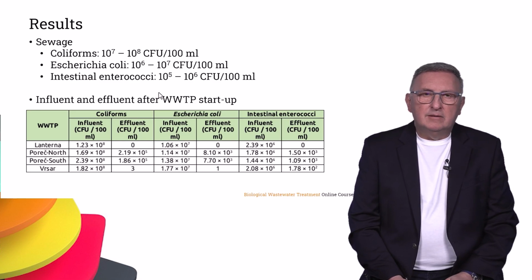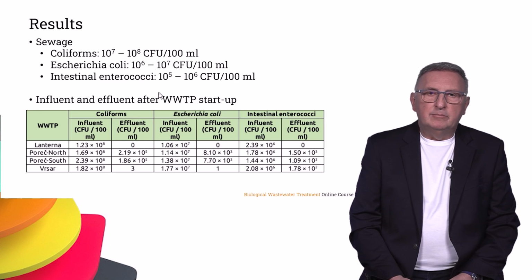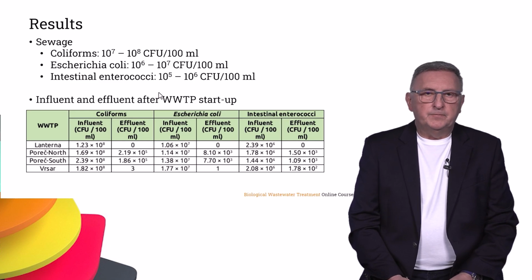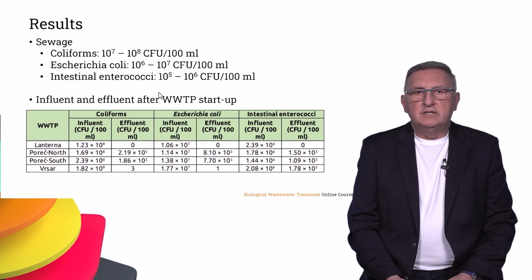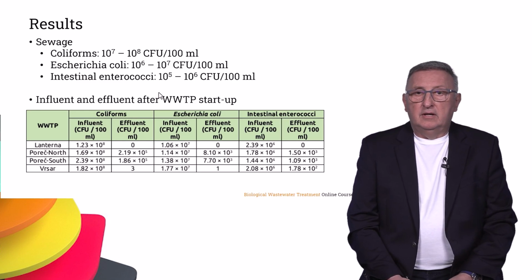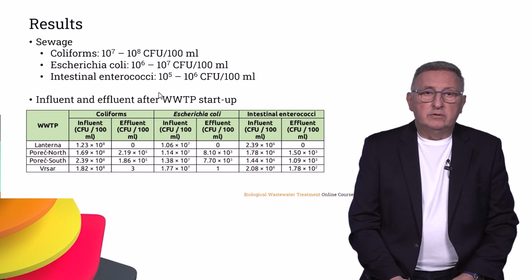And you can see, for example, if you look into effluent numbers, Lanterna has 0, 0, and 0, which means that at this treatment plant the system already works very well, and this is mostly due to the very high efficiency of the membranes, which in this case stop the majority, if not all, fecal pollution.